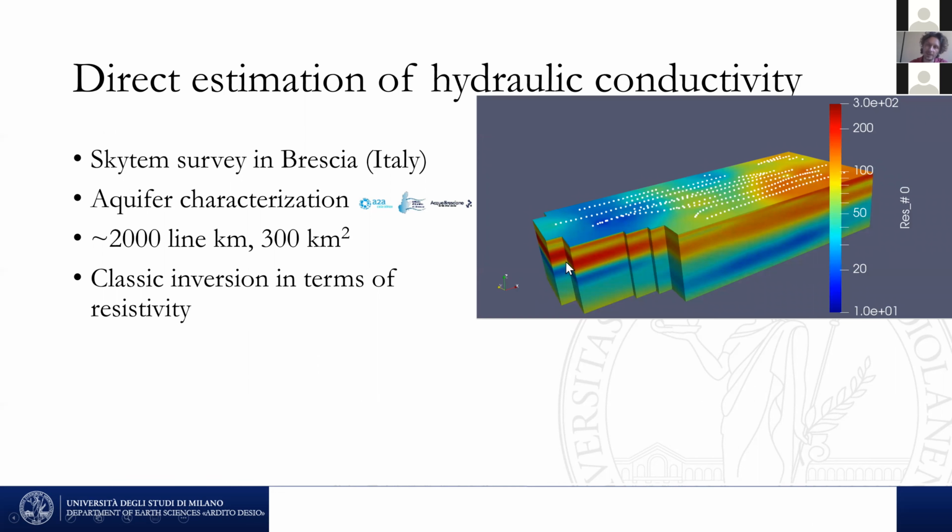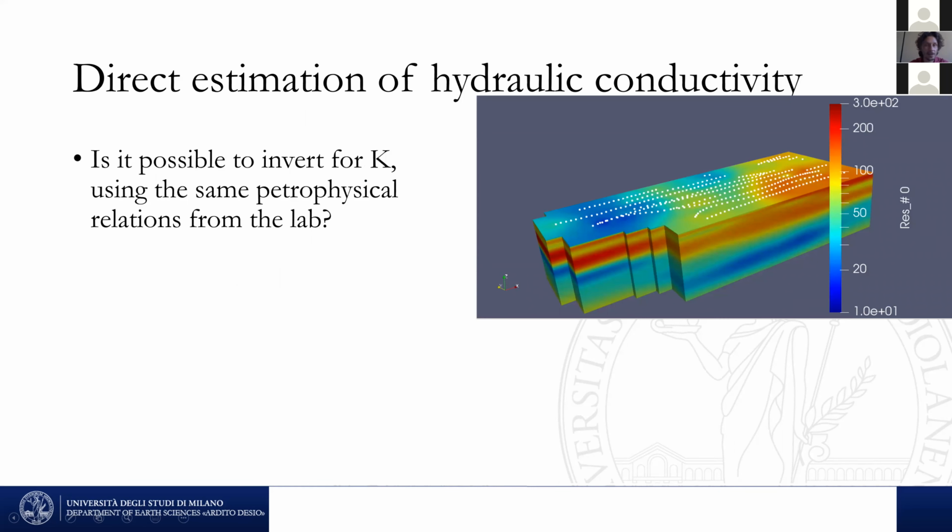Here we have these resistive layers above 100 ohm-meters that should be our aquifers, while our conductors around 10, 20 ohm-meters are the clay below our aquifers. So this is the interpretation in terms of resistivity. But the question is, can we try to invert, as I've been showing you so far, also in terms of hydraulic conductivity the EM data?